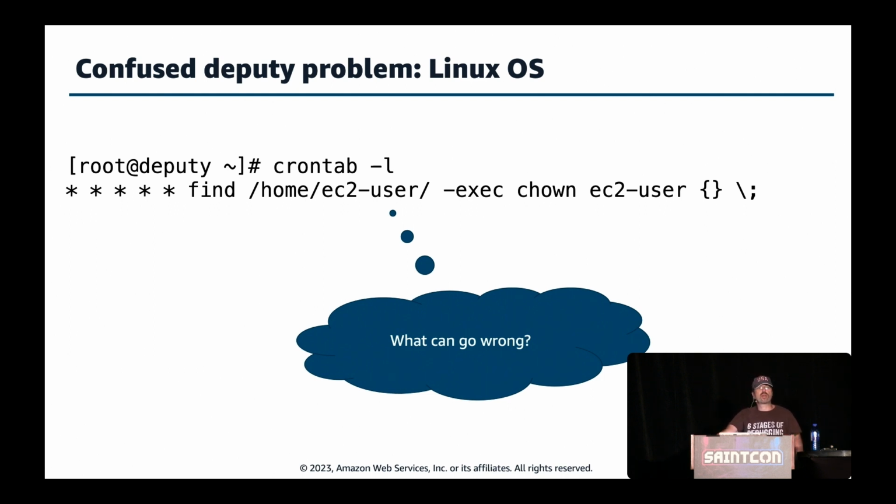If a root user uploads a file into the home directory of the user, that's not good. This user may not be able to use it at all. So we created this handy crontab, which will find all the files in the user home directory and show them to the owner of this home directory. So what could go wrong?